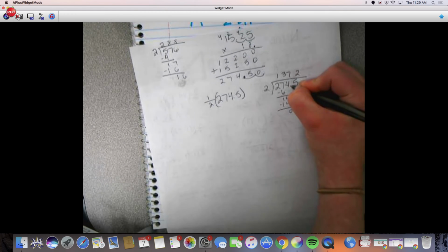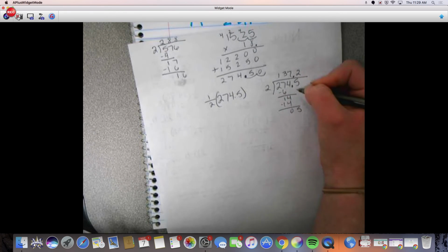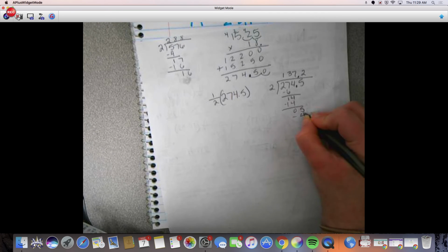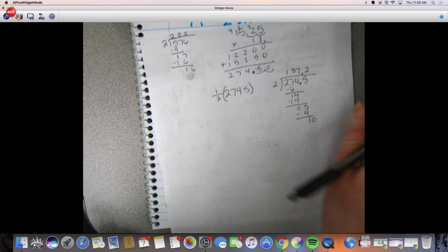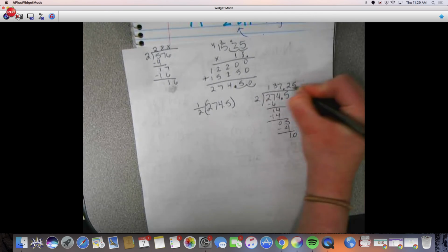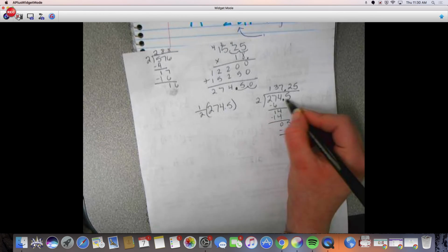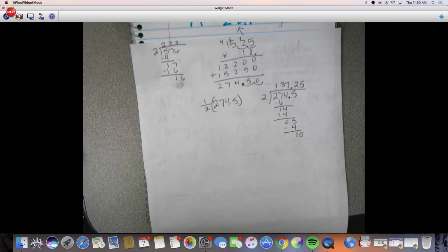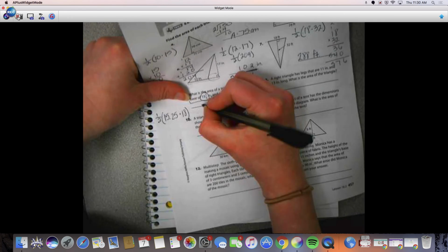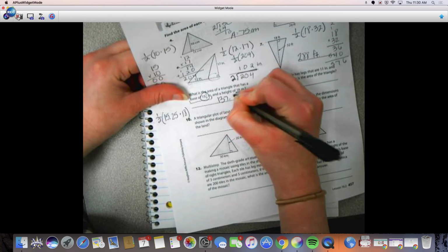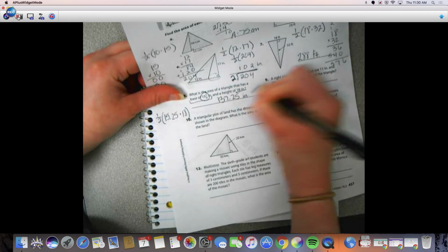And also, guys, we forgot to just move our decimal point up. Our decimal point just goes right on top. We have a remainder of 1, so we add a 0, and we get 25. Because that makes sense, because half of 50 is 25. So our answer is 137.25 inches.